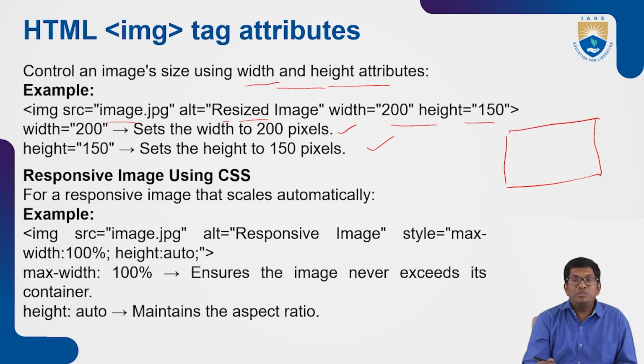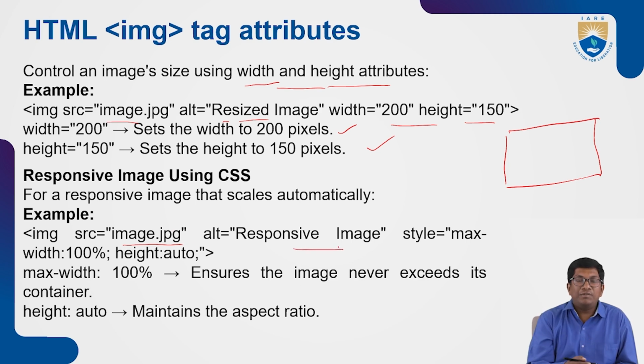Next, responsive image using CSS. For a responsive image that scales automatically, suppose you specify the width, and the height is adjusted automatically based on the width. So then you have to use the attributes for a responsive image using CSS. Source is equal to the path of your image, with the extension .jpg, and alt.